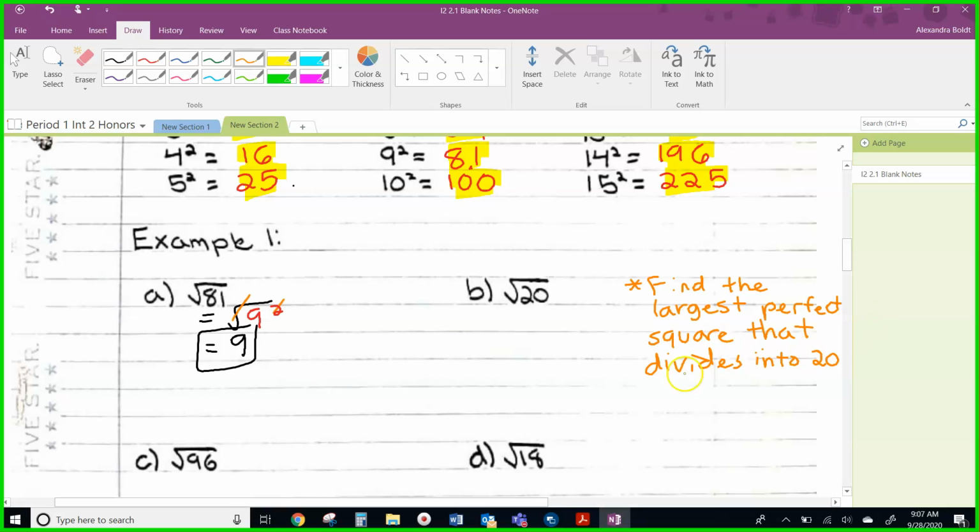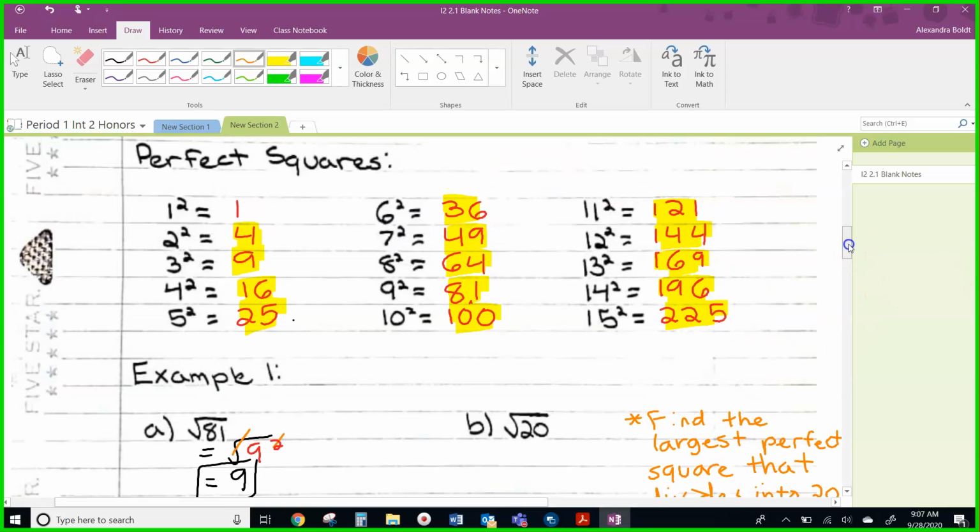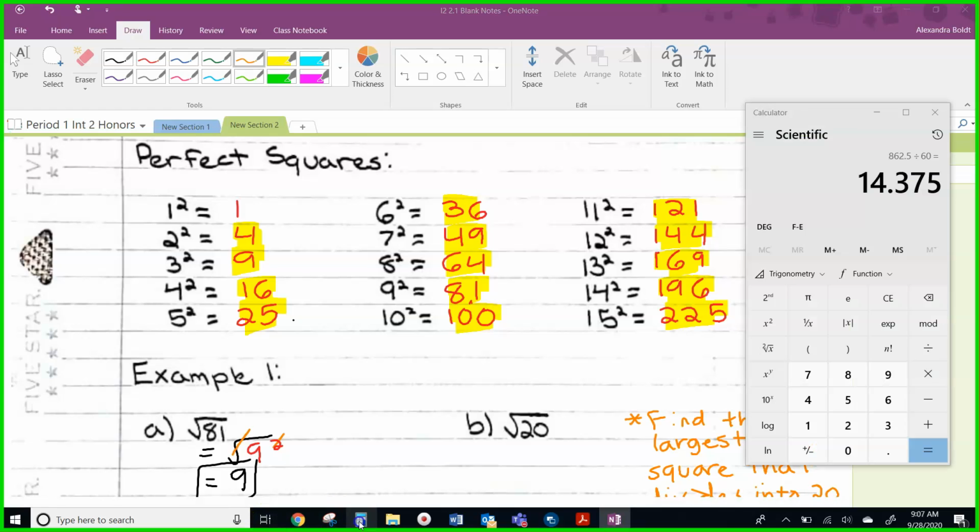So what I'm going to do is take the number 20 and start dividing. I'm just going to use the little calculator so we can see what we're doing. The largest perfect square that's still smaller than 20 is 16. So 20 divided by 16. That does not divide evenly. This is not an integer, so 16 doesn't go into it. I'm going to do 20 divided by 9. That is not an integer.